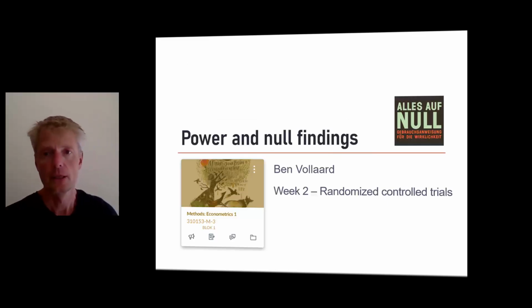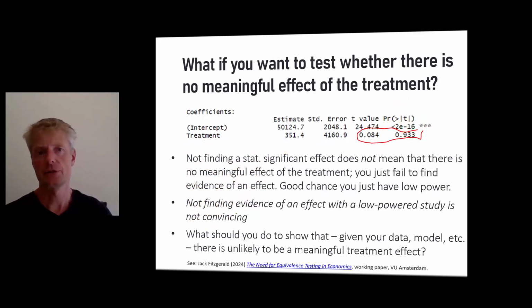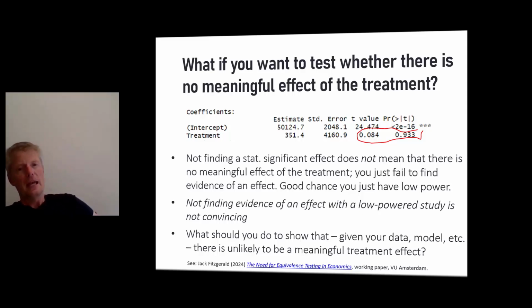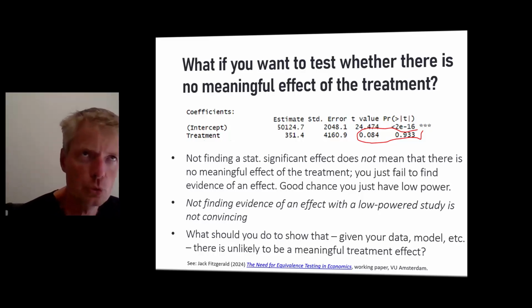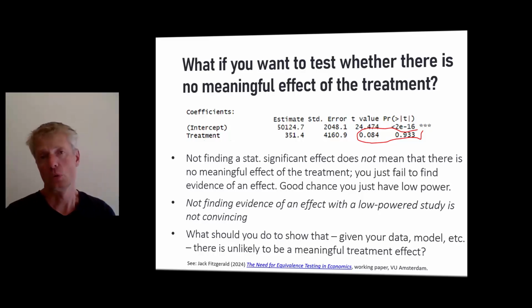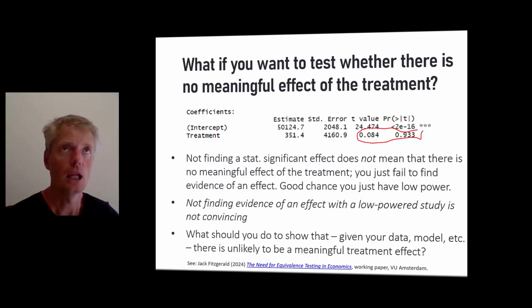Then, finally, power and null findings. It may be that you want to know, and also want to show the readers, how likely it is that the effect that you estimate is actually negligible. It may be that you do not find a statistically significant effect, but that may also be due to low power, right?